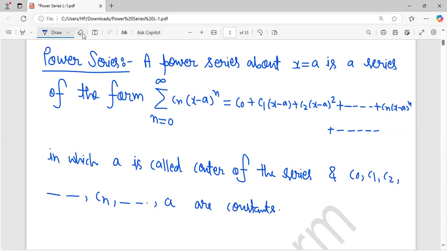A is also constant, but A is called the center. These constants C1, C2 are the coefficients of the series. Okay. A is called the center of the series and C0, C1 are constants.